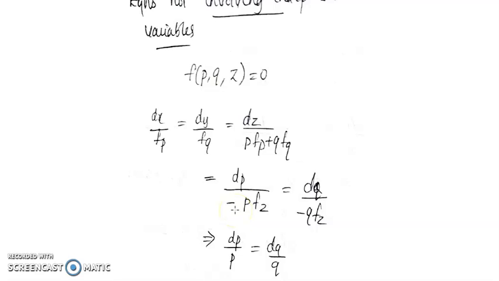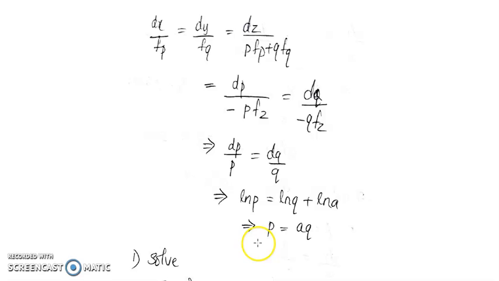So minus p fz equal to dq by minus q fz. From the last two ratios, fz will cancel off. So you are going to get dp by p equal to dq by q. So log p will be equal to log q plus log a. That will give you p equal to aq.